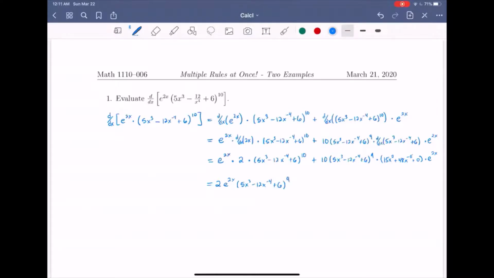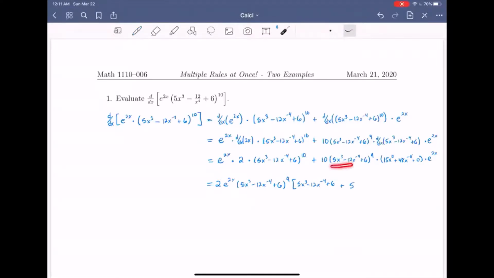And let's see here. In the first term, what do we have left over? Well, the only thing we have left over is 5x cubed minus 12x to the negative 4 plus 6, because we took out 9 of these, and we took out the 2, and we took out the e to the 2x. All right, what's left over in the other one? Well, we took out 2 from the 10, so there's 5 left.